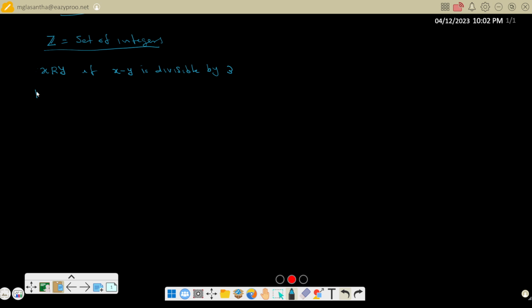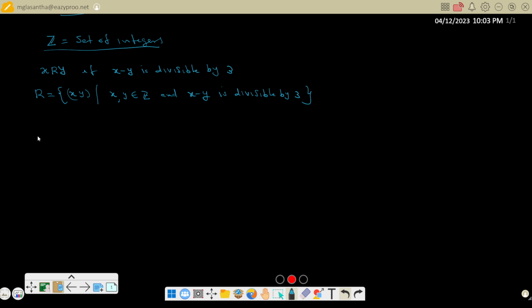R equals {(X, Y) : X, Y belong to Z, and X minus Y is divisible by 3}.